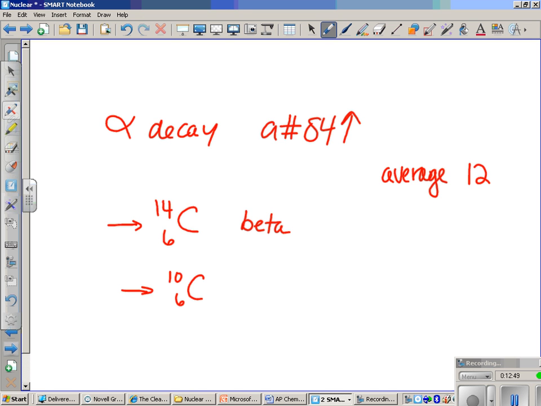If it's less than the average, then it's going to undergo either positron emission or electron capture, and you can use either one. They are interchangeable. The AP test would never put 2 options on a test that were the exact same for positron or electron capture, because they both are possible and they both will yield the right result.